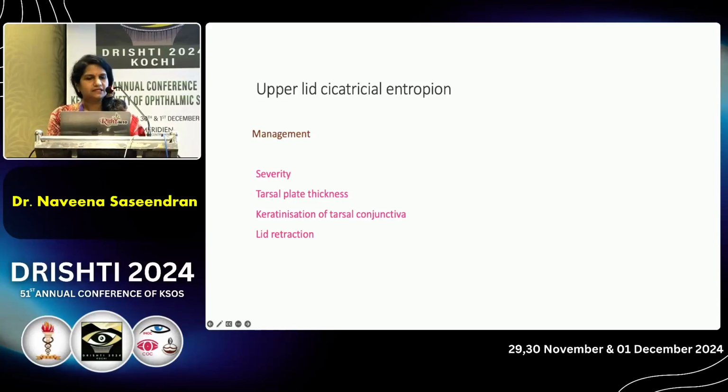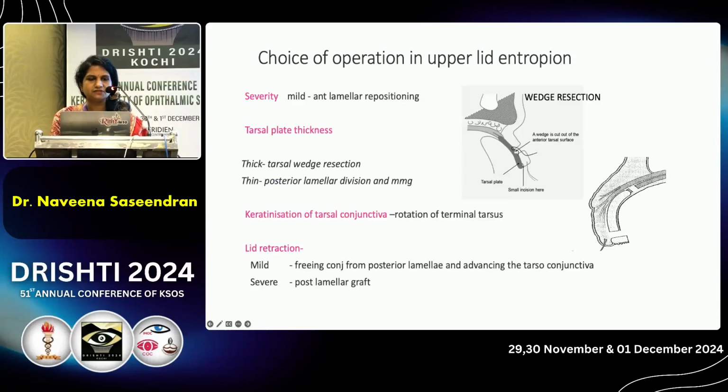Upper lid cicatricial entropion, the management depends upon the severity of the entropion, the tarsal plate thickness, the keratinization of conjunctiva, and lid retraction. So if it is mild, we can go for anterior lamellar repositioning, where the anterior lamellae is sutured high up in the tarsal plate.